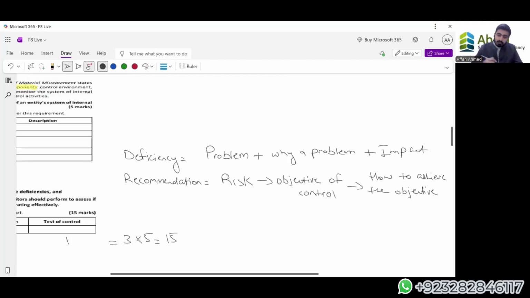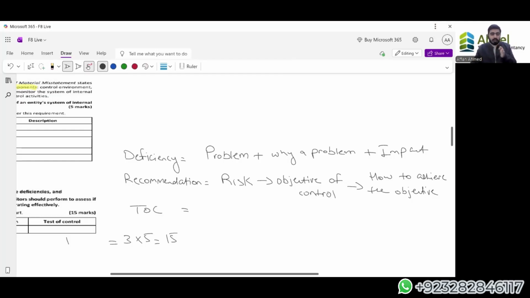Now, the third part is control, test of control, TOC. Test of control is basically whether the control I have identified is fulfilling my objective or not. Is the control that I have recommended fulfilling the objective that I thought it to be?